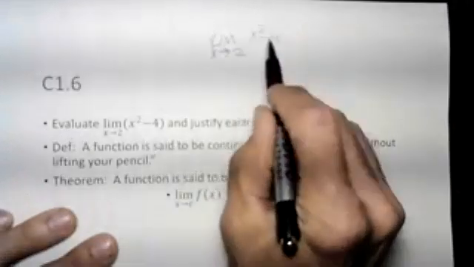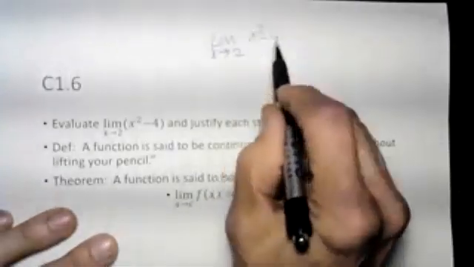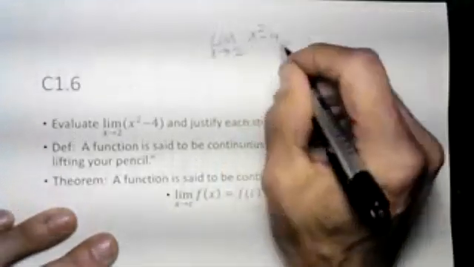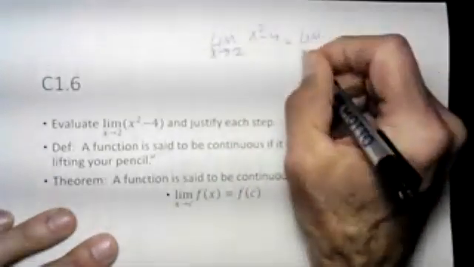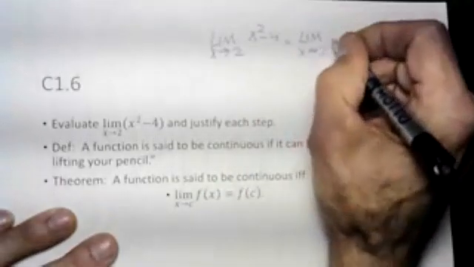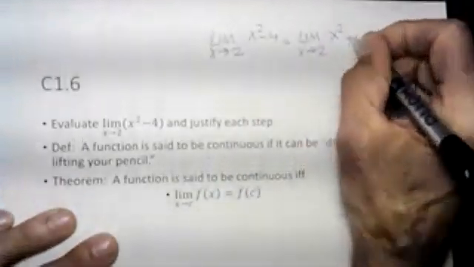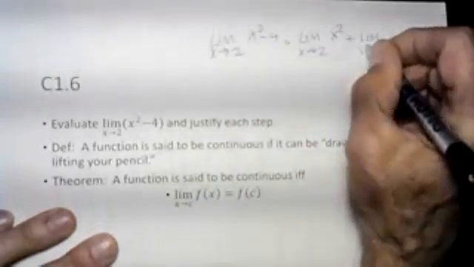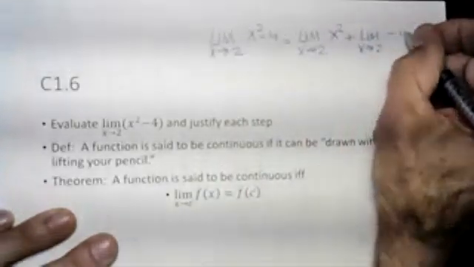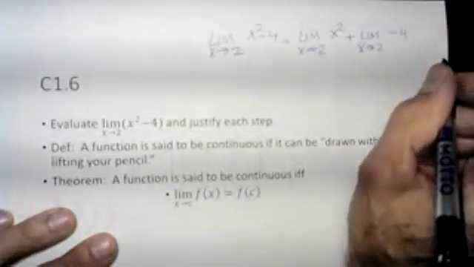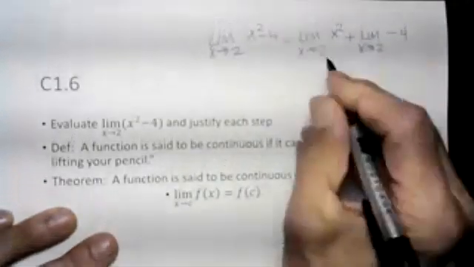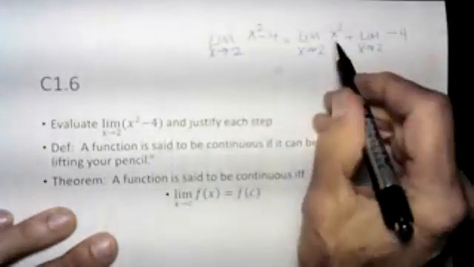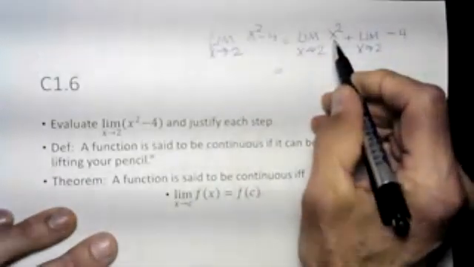I can see that this is a sum. This is the limit of a sum is the sum of the limits. So that would be the limit, I'm justifying each step, as x approaches 2 of x squared plus the limit as x approaches 2 of -4. Yes, limit of a sum is the sum of the limits. That's a justification. I'm not writing that down. I assume that's easy. Next one, this is the limit of a power.